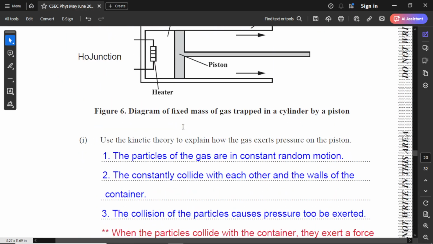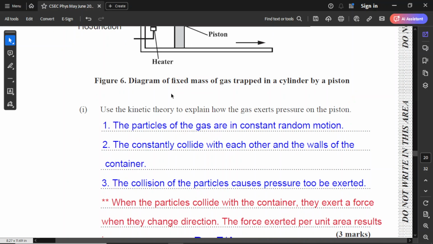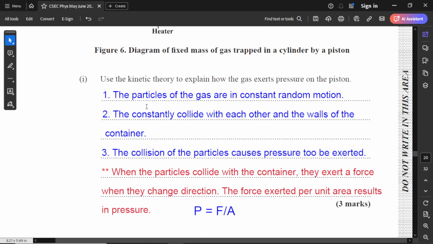And for part 1, it said use the kinetic theory to explain how the gas exerts pressure on the piston. The gas will be here as labeled on the diagram. So we're going to look at what is happening here. The particles of the gas are in constant random motion. First thing to mention, they constantly collide with each other and the walls of the container.